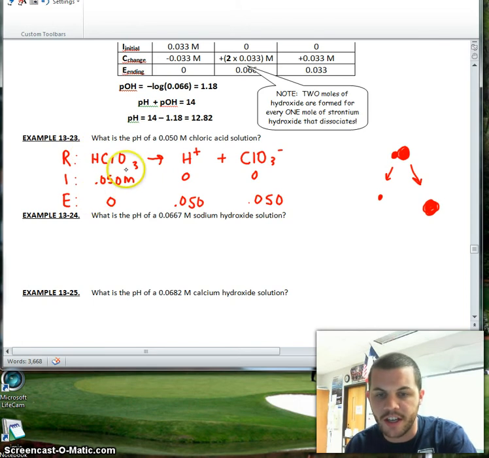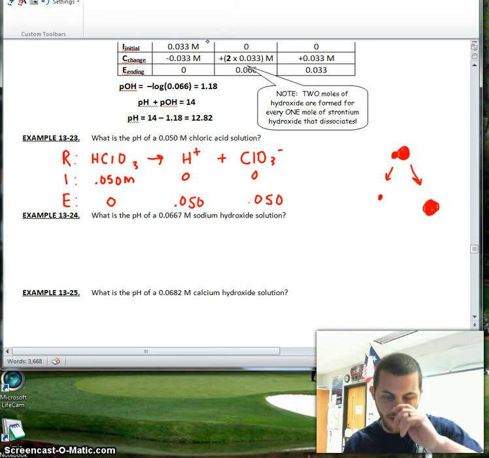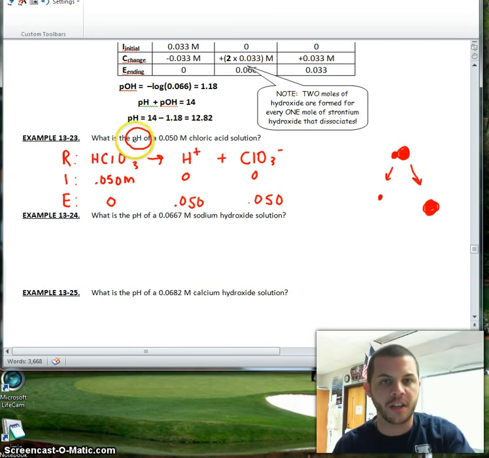These are my concentrations: my concentration of HClO3, my concentration of H+, and my concentration of chlorate ions. It's all going to be 0.050 molar, this initially and this at the end of the reaction. So now I know I need to calculate the pH. In order to calculate the pH, what do I have to know? The hydrogen ion concentration.